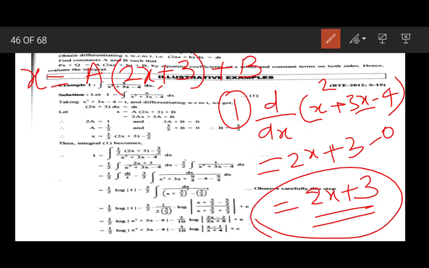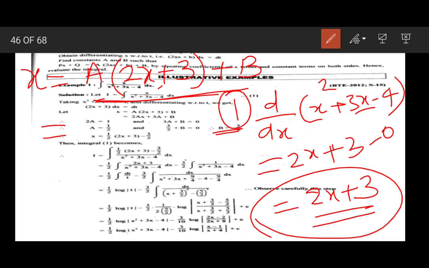Once again, the first step is finding the derivative of the denominator. In the second step, I am writing the numerator in this form: a into (2x plus 3) plus b. Now in the third step, we will solve this right hand side and then do the comparison.